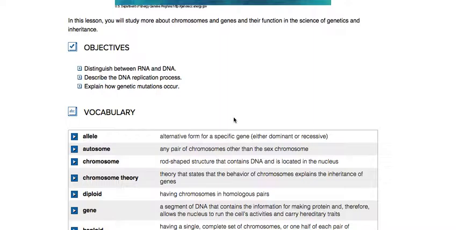So with that, please make sure that you take a look at the chromosome theory, and also understand specifically how chromosomes are the focal point of what we're going to look at going forward.